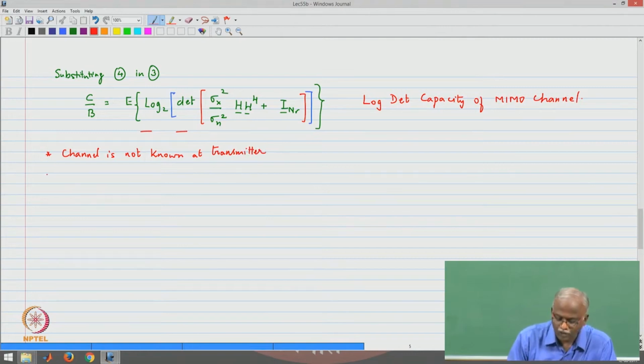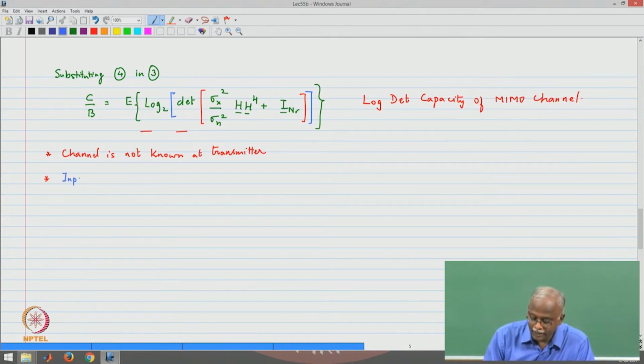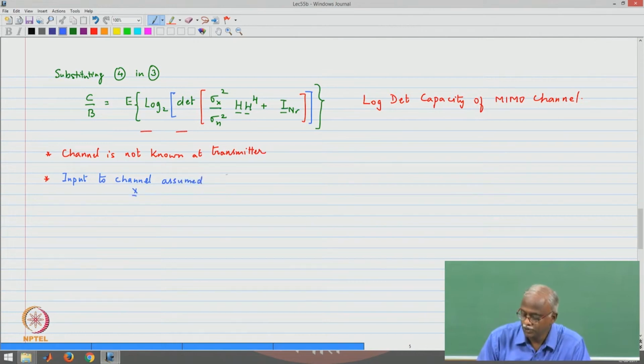Now, in deriving this expression, we have also made the following assumption, that the input to the channel is Gaussian. The source has a Gaussian distribution. So, it is assumed that the vector x[n] is Gaussian.